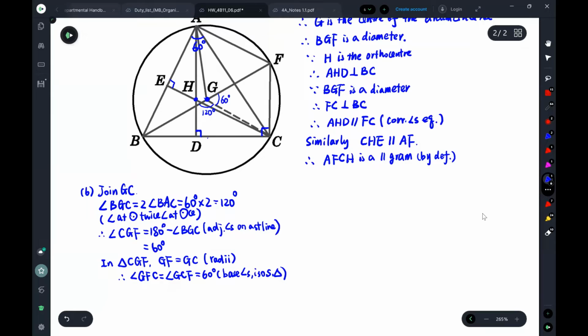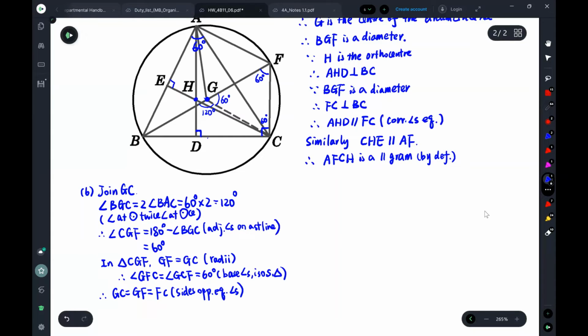Right? So this is 60 degrees, 60 degrees, 60 degrees. And then we can say this is actually an equilateral triangle. Maybe to be safe, I will say the three sides are equal first: GC equals GF equals FC, sides opposite equal angles.